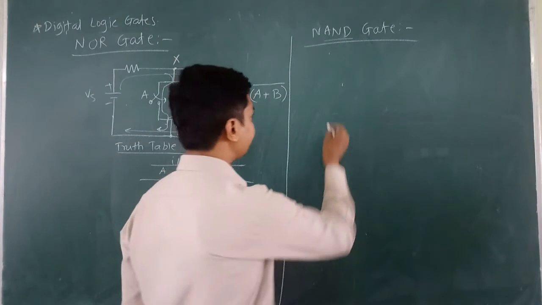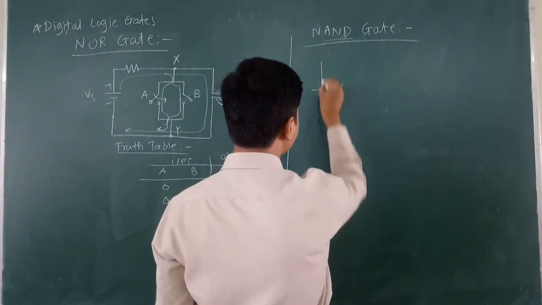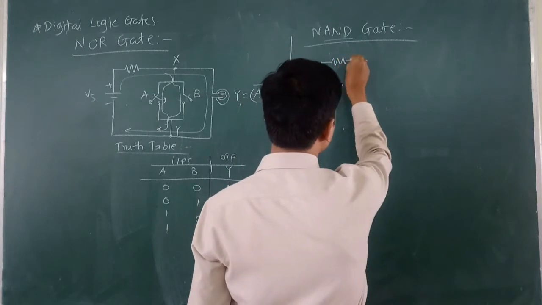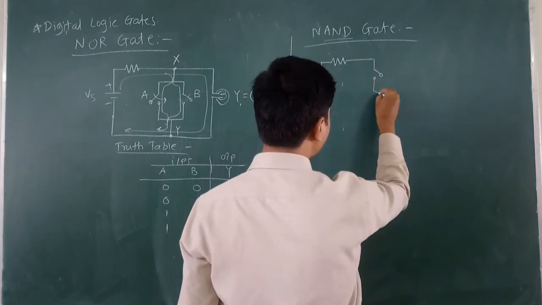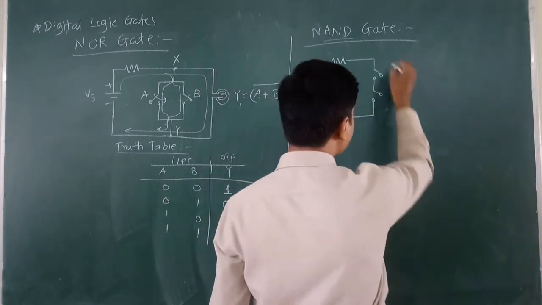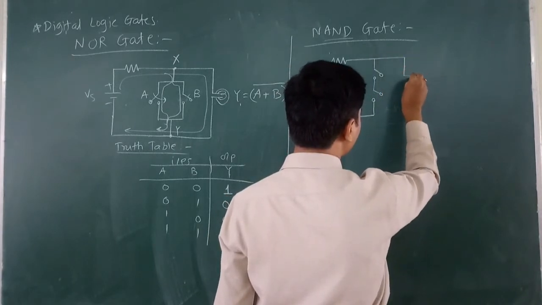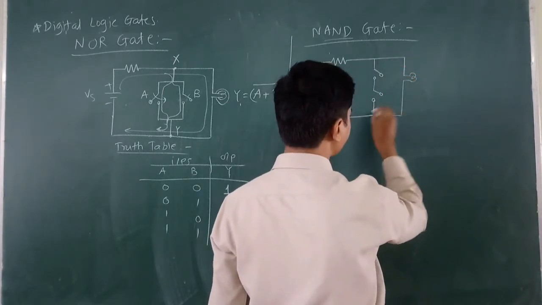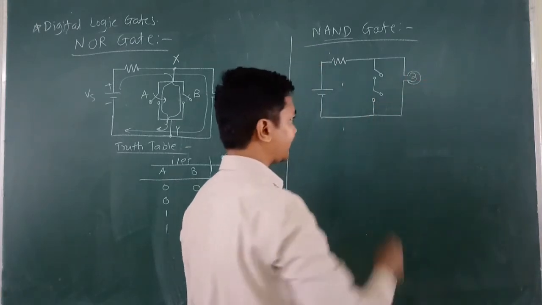Okay, so that is very simple. How can you draw this? This is AND operation, right? The switches are in series, and this switch combination will come across the bulb, across the output. Okay, so this will become the NAND gate.